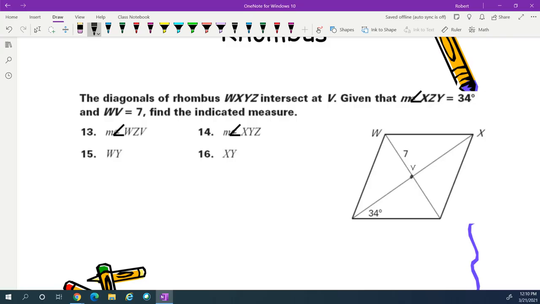It's called XZY. So Z is at the vertex, and then the only other place to put Y is at the bottom right. So we have to fill in information based on our knowledge of how angles get named. WV is 7, and we're asked to find some different measurements. So let's go for it here.